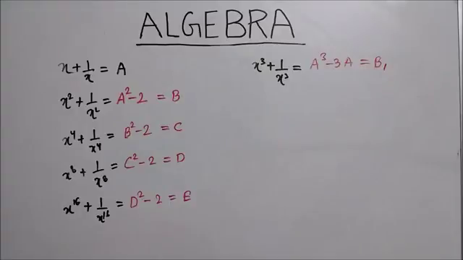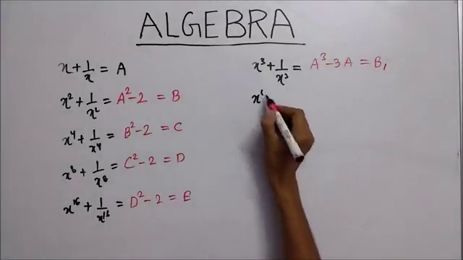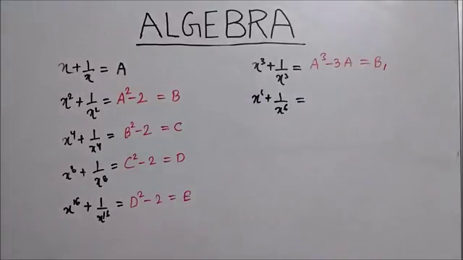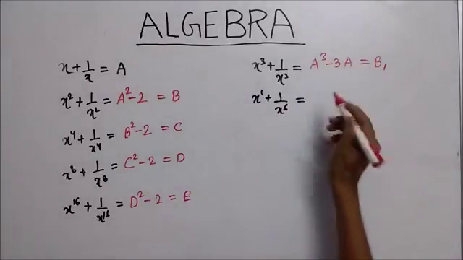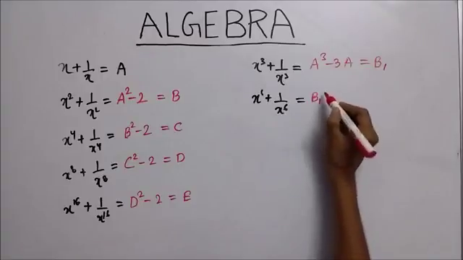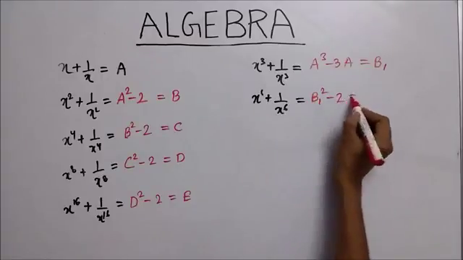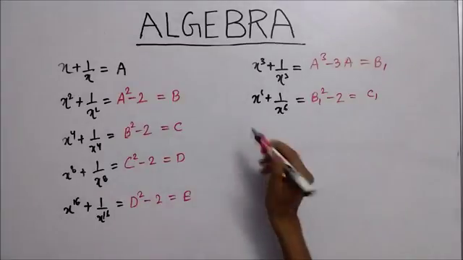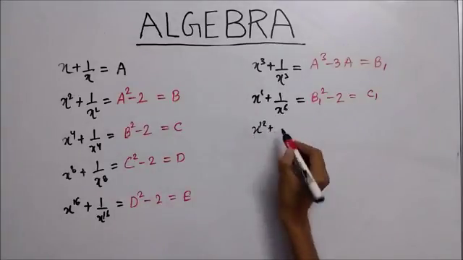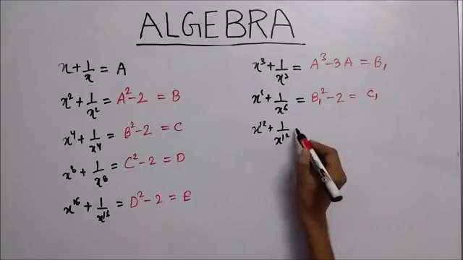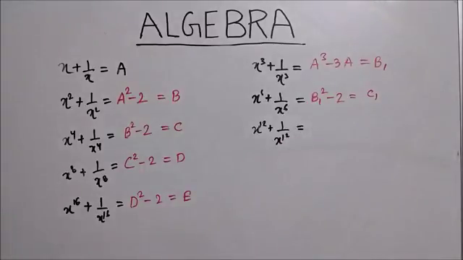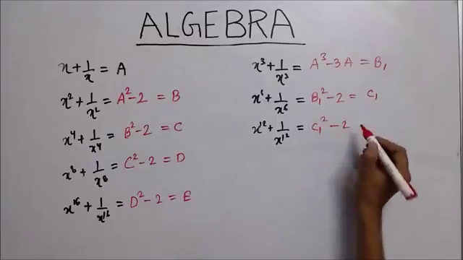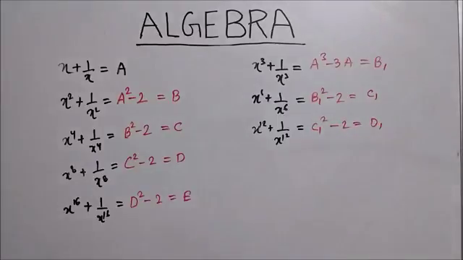Now you have to find the value of x power 6 plus 1 upon x to the power 6, and what will be the value of this? b1 square minus 2. Write this as c1. If you have to find the value of x to the power 12 plus 1 upon x to the power 12, the value will be c1 square minus 2, or you can write it as d1.